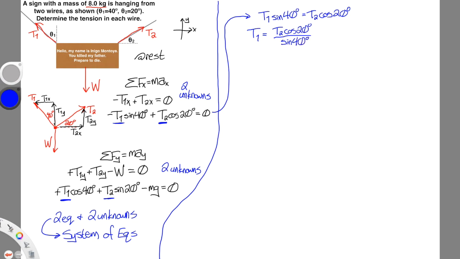Right now, we can take that cosine of 20 divided by sine of 40 and just replace it with a number, because we know those angles. So T1 equals T2 times 1.462, or written a different way, T1 equals 1.462 times T2.